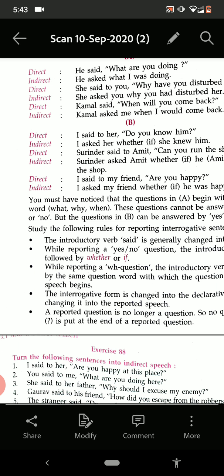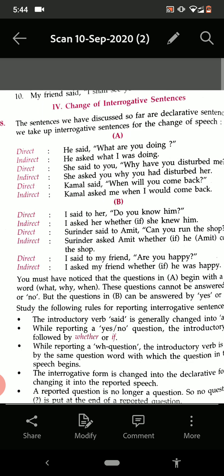Then the interrogative form is changed into the declarative form when we change it into the reported speech. And a reported question is no longer a question, so no question mark is put at the end of the reported question.